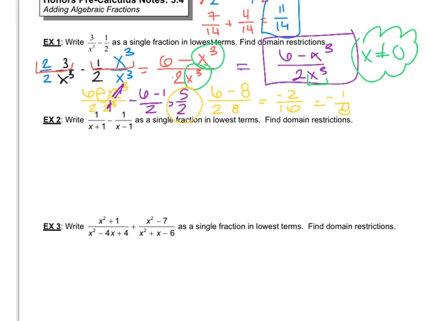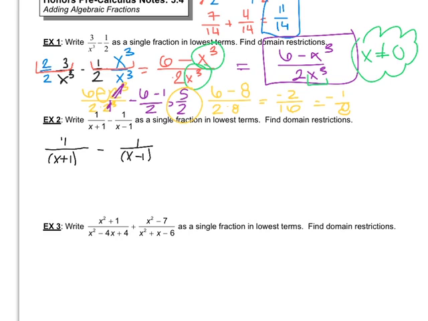So the common denominator here is the product x plus 1 times x minus 1. So I'm going to rewrite this so that I have a little more space. I'm putting these in parentheses just to help us go through the process correctly.